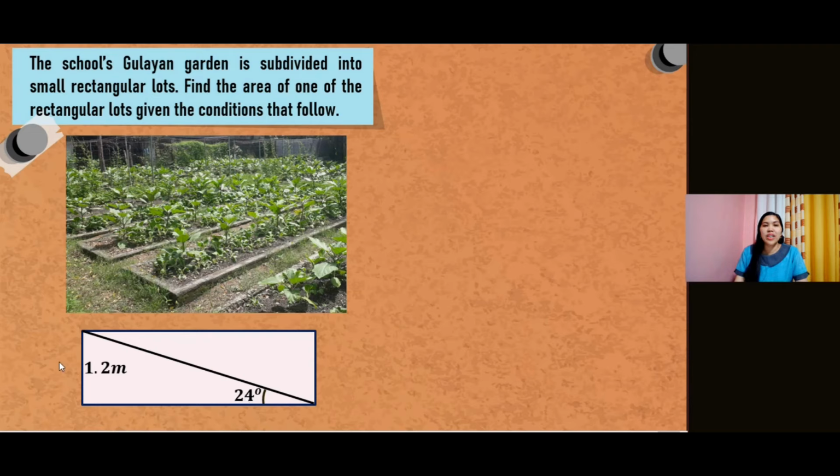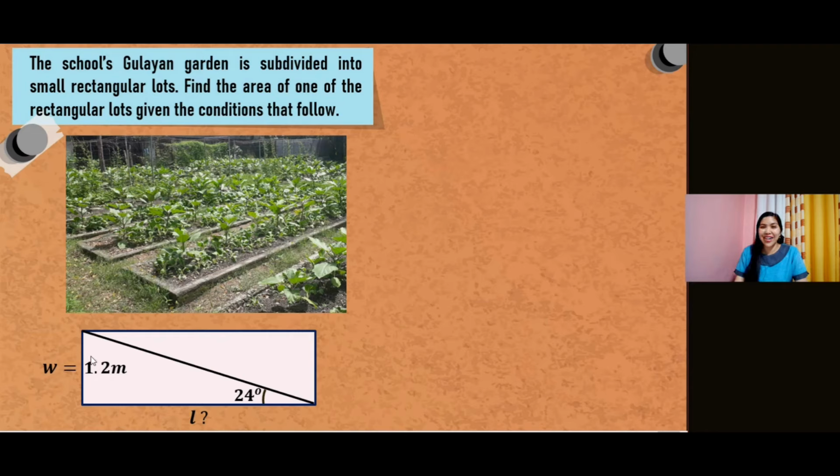Now, if this is our width here, we are going to find first our L so that we can get our area. If we let this angle, 24 degrees, be our angle of reference, what side is 1.2 m and what side is your missing length?